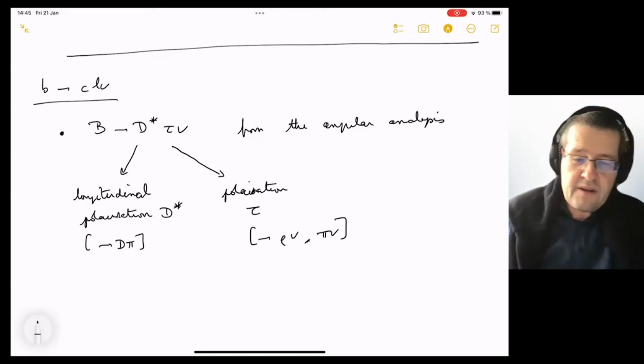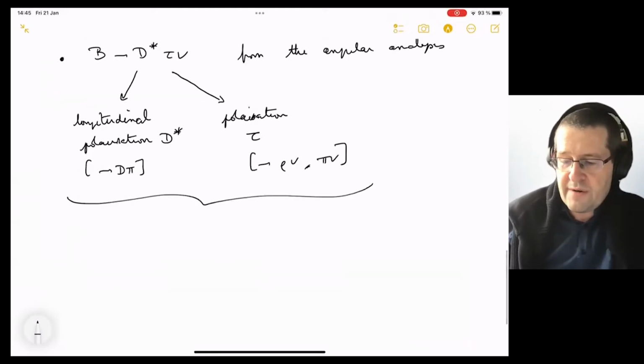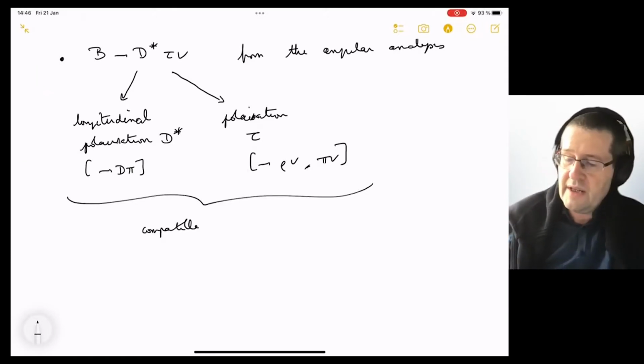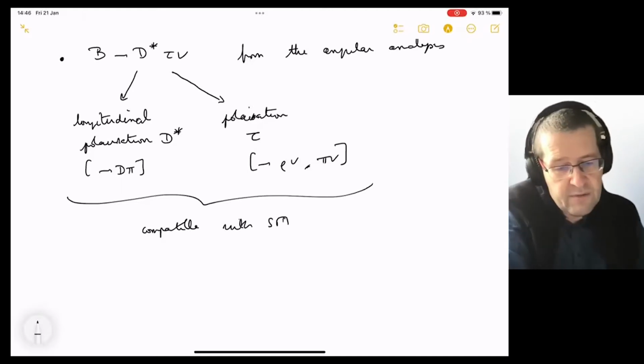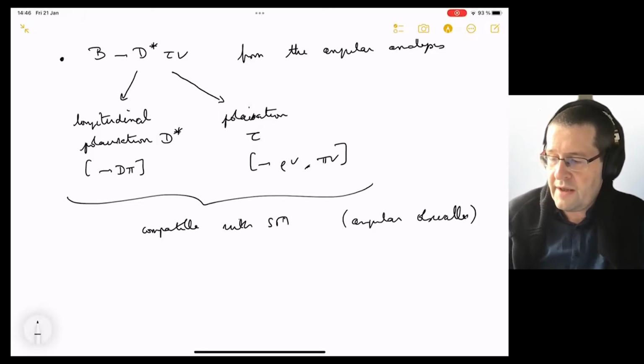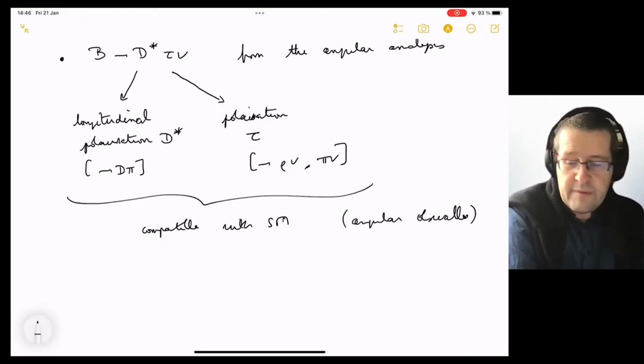Both of these measurements are related to the geometry and not just the decay rate. RD and RD star are related to the decay rate, whereas these ones are related to the geometry of the decay, angular observables, and they are both in good agreement.